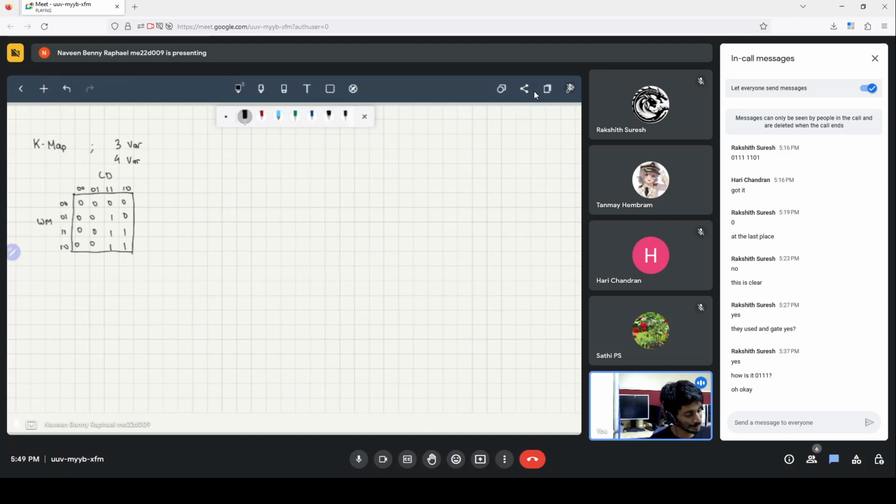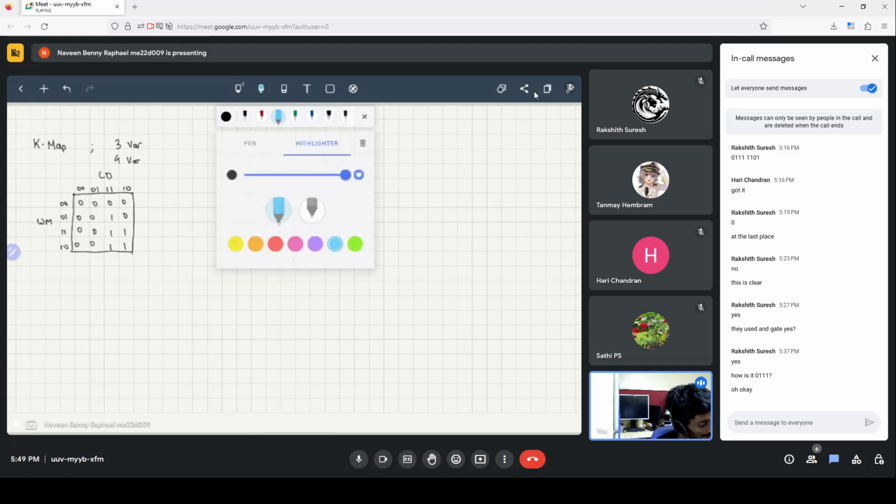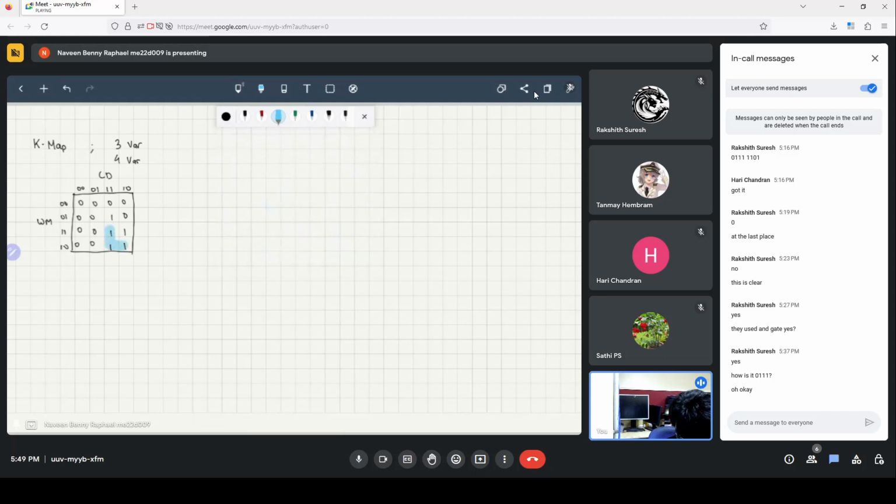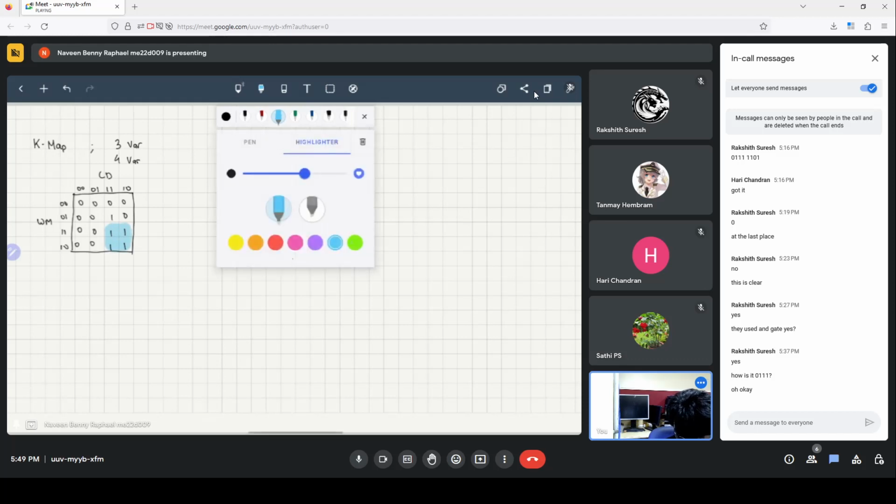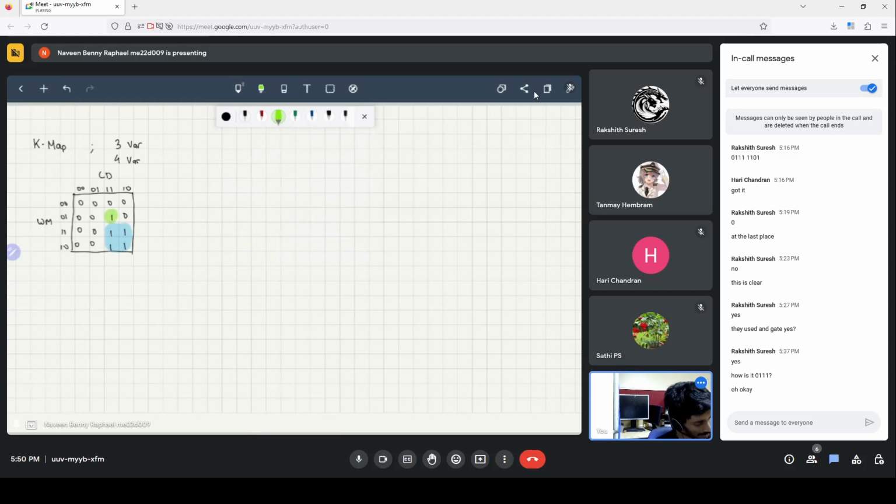Now, in K-maps, what we try to do is find the largest square or rectangle. In this case, the largest square and rectangle is this. And then we have this outside. If you look carefully, D changes but C is common.